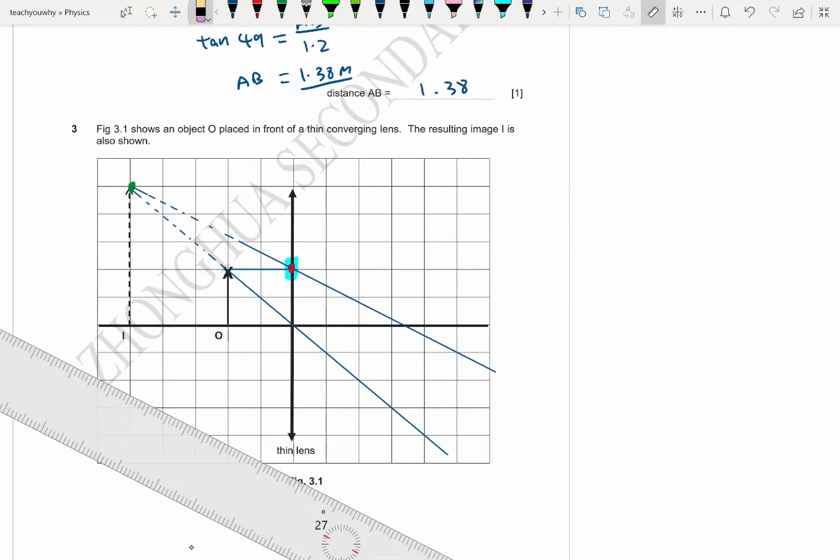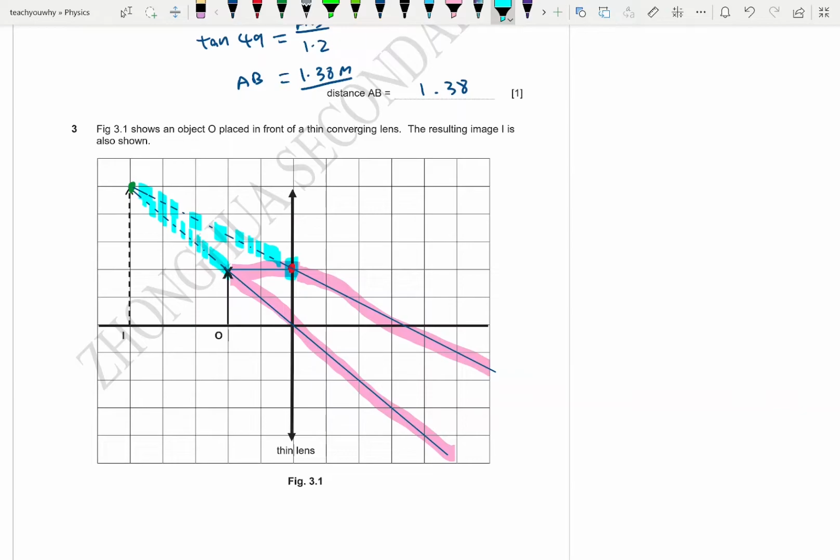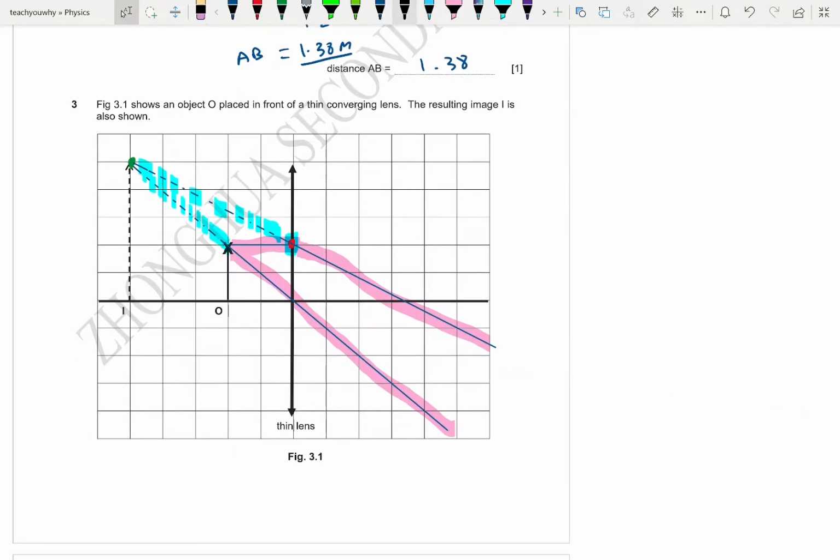This means that all these lights here are real light rays, and this dotted line here and here are what we call the imaginary light rays. It's what your eyes perceive. So if you like, you can draw your eye here.